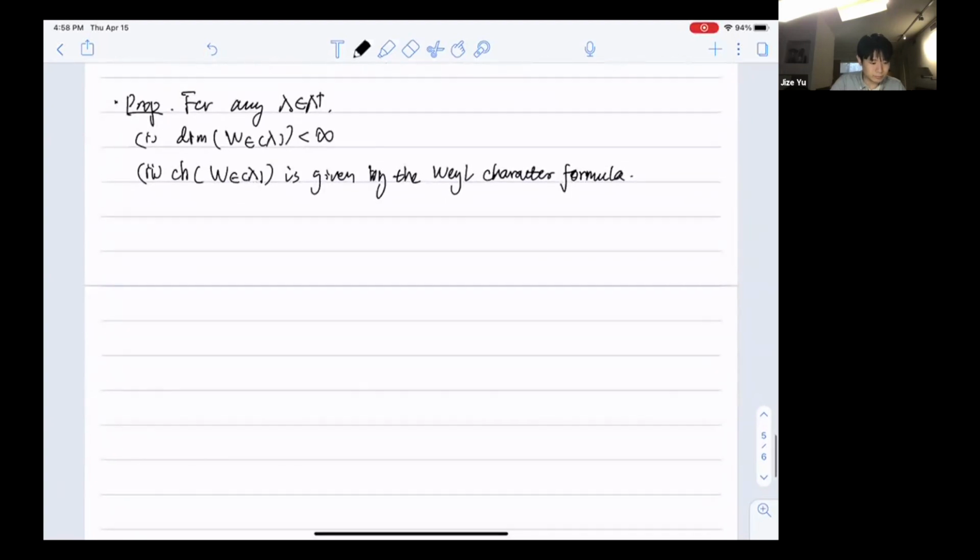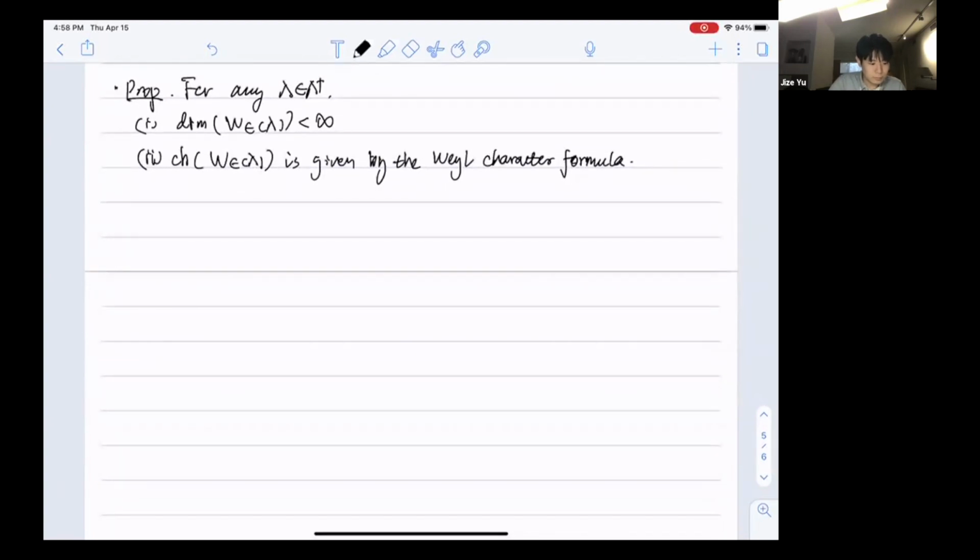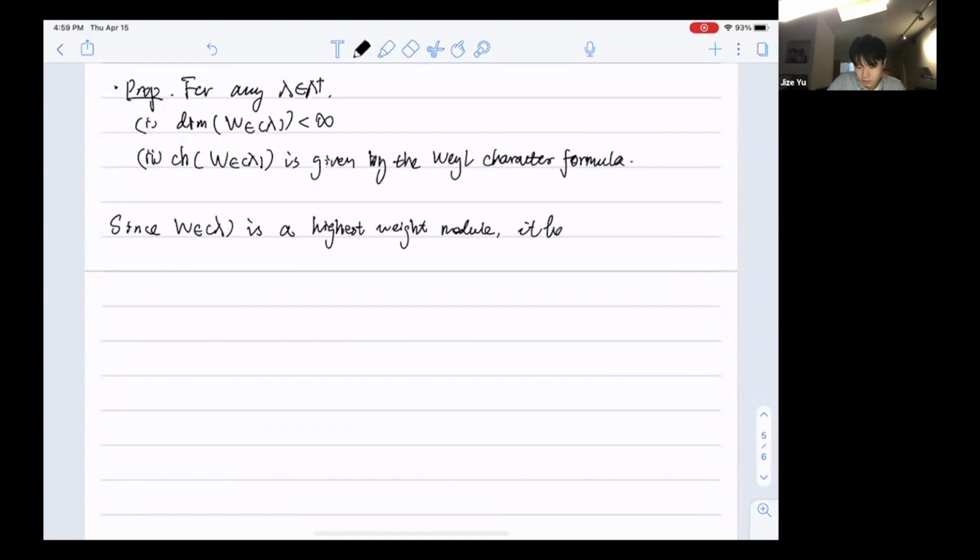Okay. So since this W epsilon of lambda is a highest weight module, we know it has a unique irreducible quotient, which I call L epsilon.